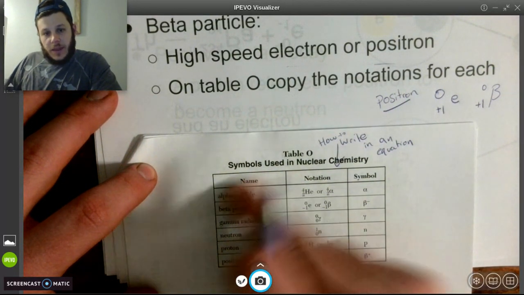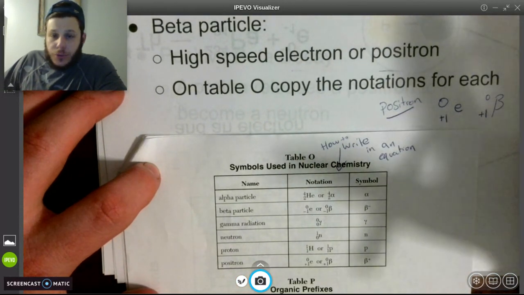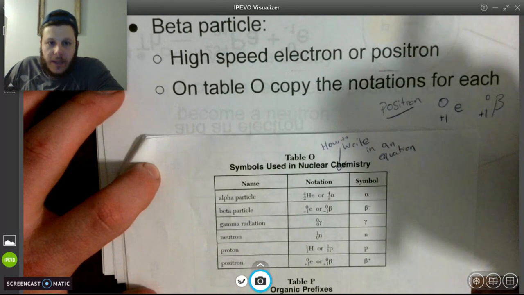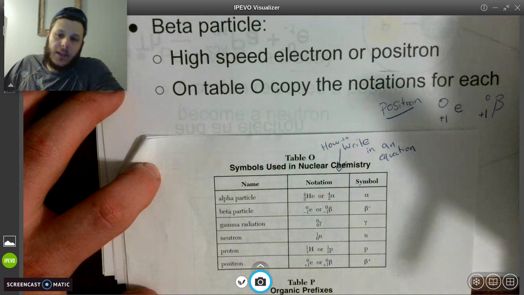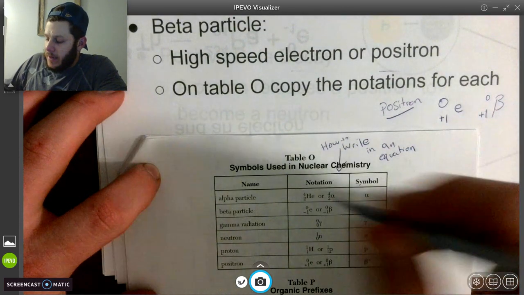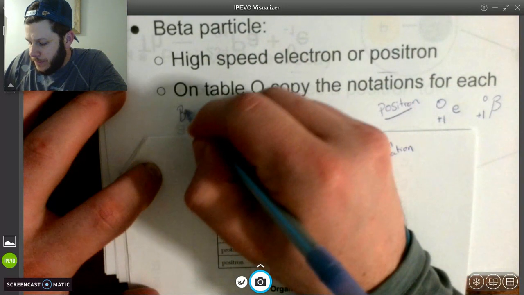Now, the reference table doesn't really do justice to the difference between a positive beta decay and a negative beta decay. It kind of just lumps negative beta decay as a beta particle.